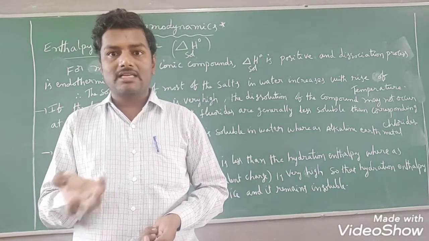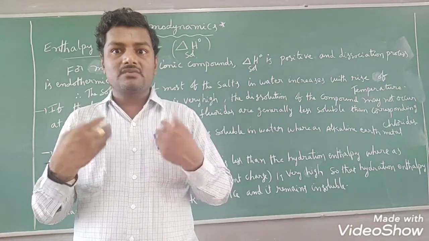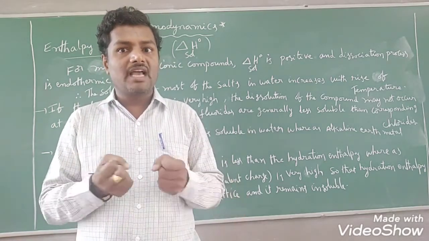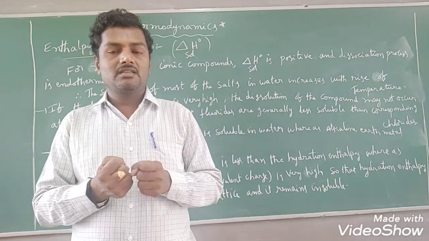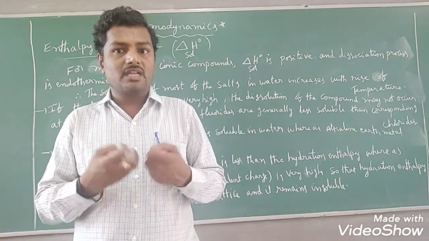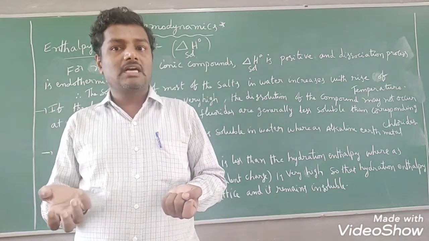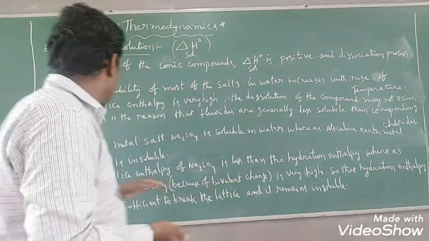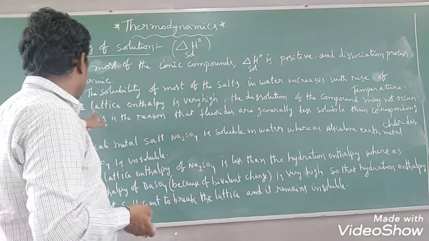That is called the lattice enthalpy. If lattice enthalpy is very high, it means we are forcefully breaking the bond between the ions of that crystal. Then the substance will not dissolve that easily in the given solvent, students. Why it will not dissolve, I am going to discuss.